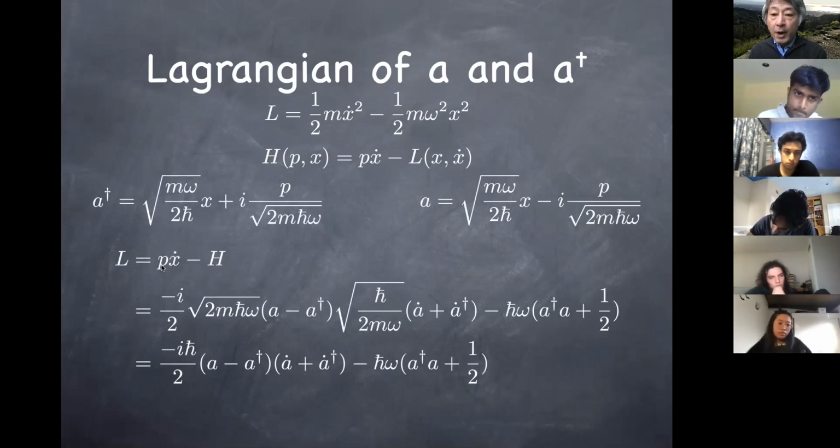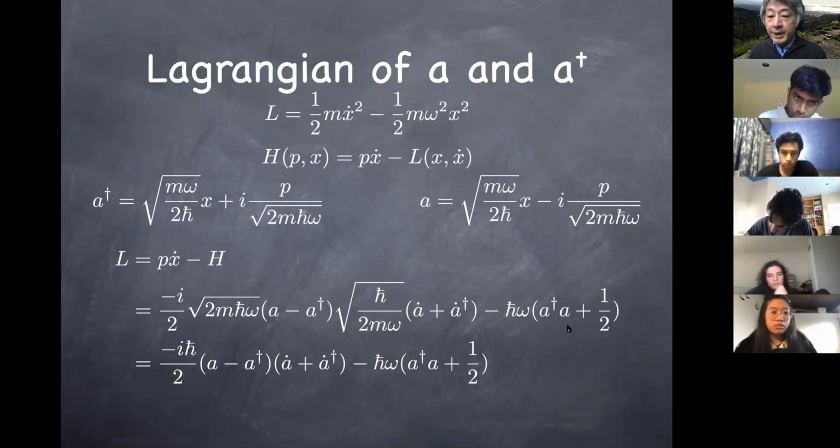And I know how to write p in terms of a and a dagger. That's the imaginary part of a. So a minus a dagger gives you p up to some normalization factor. And x is given by the real part of a, namely a plus a dagger, which cancels the piece p. So up to some normalization factor, that gives you x dot.